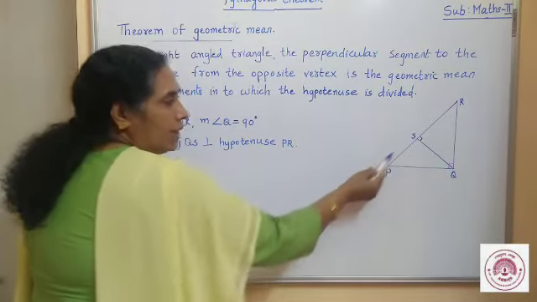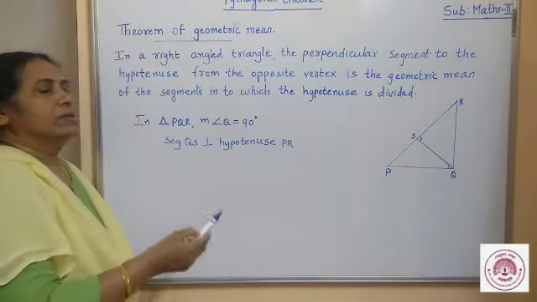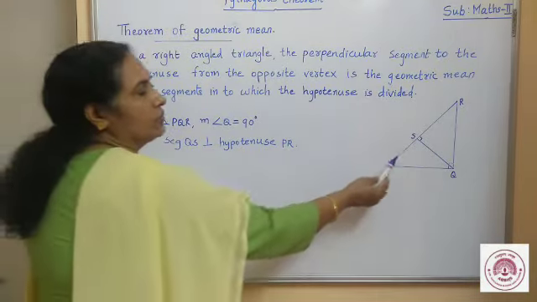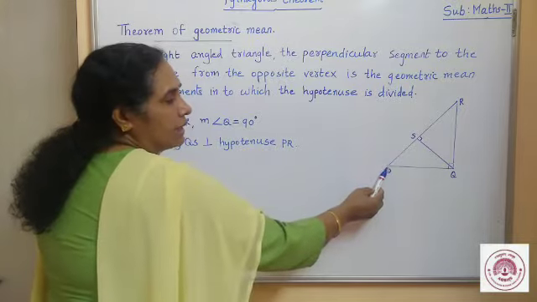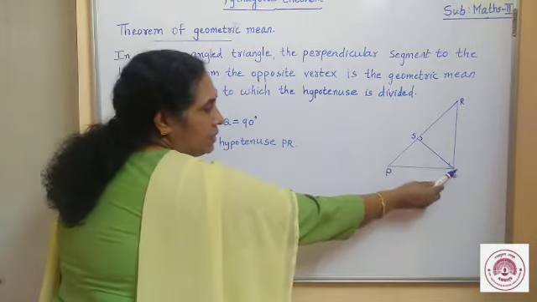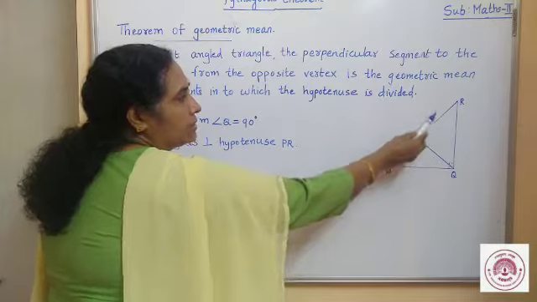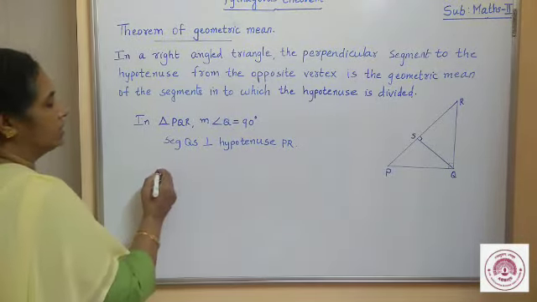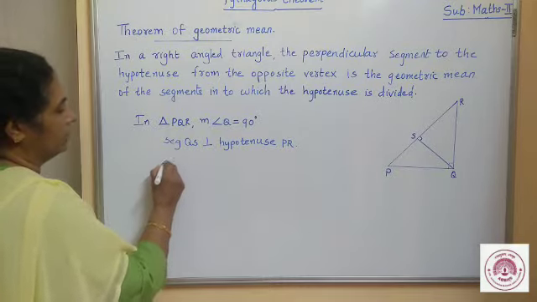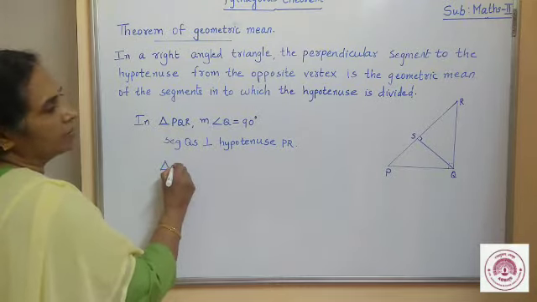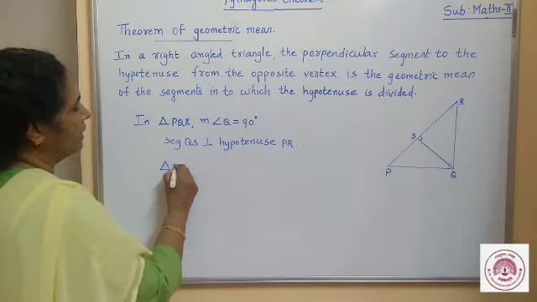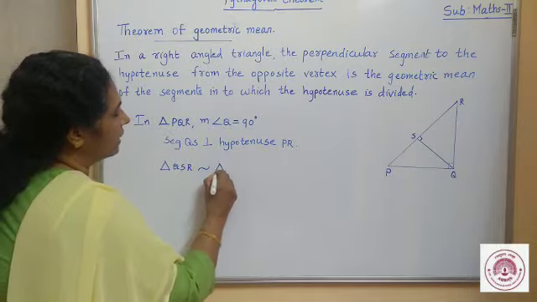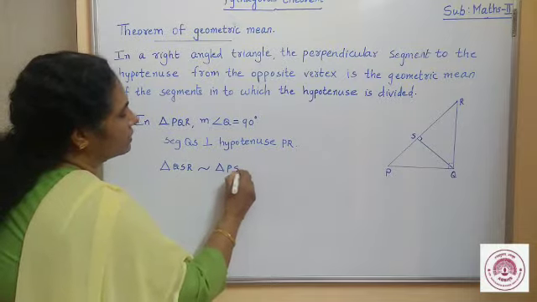Now, we know that by the theorem of similarity of right angle triangles, when an altitude is drawn to the hypotenuse, then the two triangles formed are similar to each other. So here, which are the two triangles formed? Triangle PSQ and triangle QSR. These two triangles are similar. Let us write that. Triangle QSR is similar to triangle PSQ.